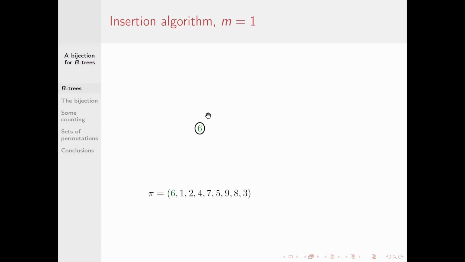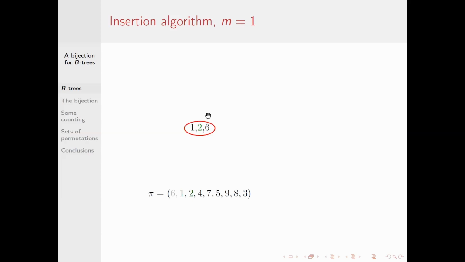Okay, so let's take this permutation here, and let's build a B-tree of order 3. So we start by inserting the first key. It just gets into a node. There's nothing to be done. Now the next key, it's smaller, so it goes to the left.